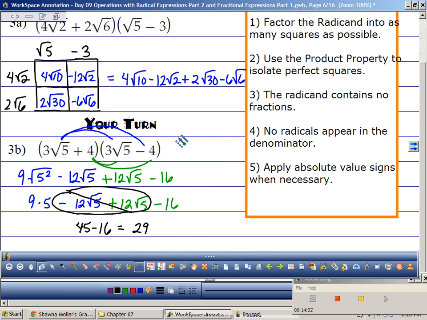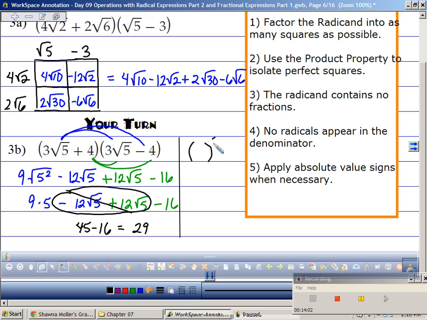You could have said to yourself, hey, this is the difference of 2 squares. Watch how fast this goes. 3 root 5 goes in here. 4 goes in here. 3 root 5 squared is 9 times 5 minus 16.